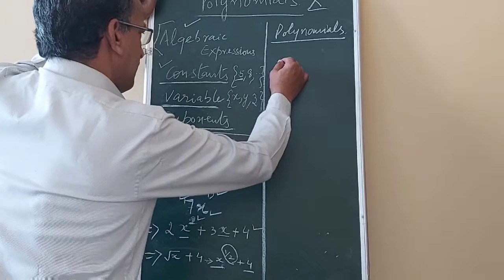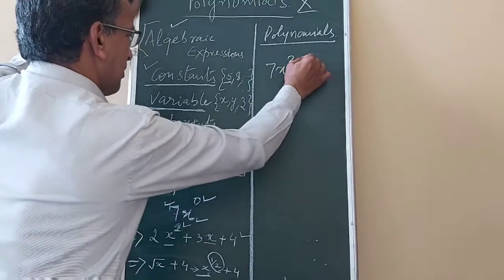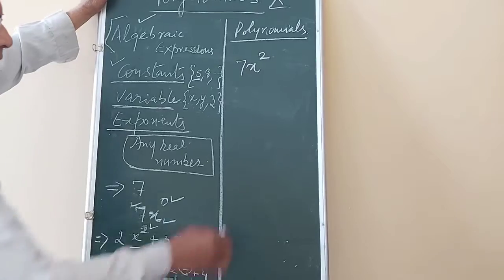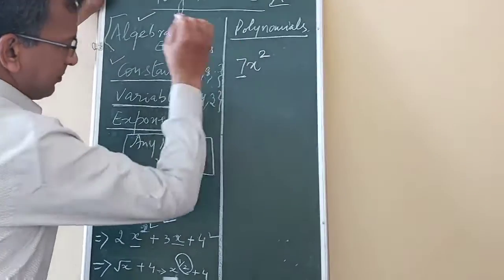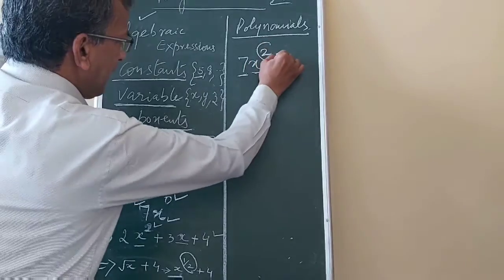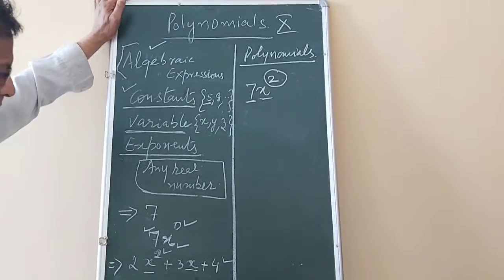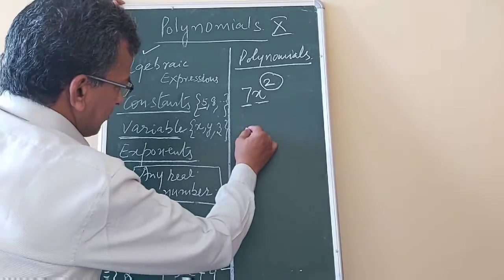Say I have written 7x square. Here I use the constant, I use the variable and I use the exponent, right? I will give you one more example.